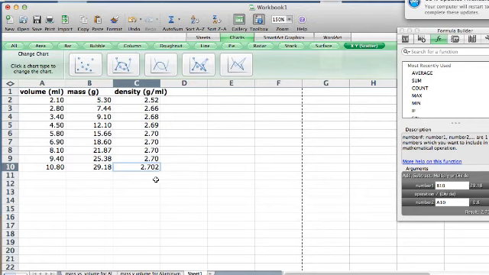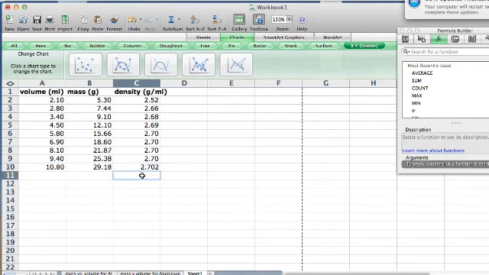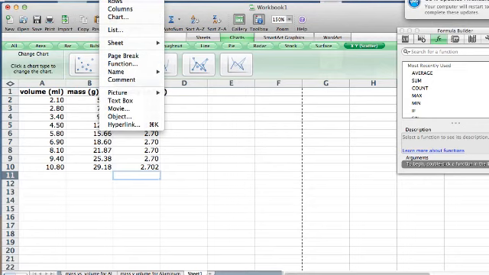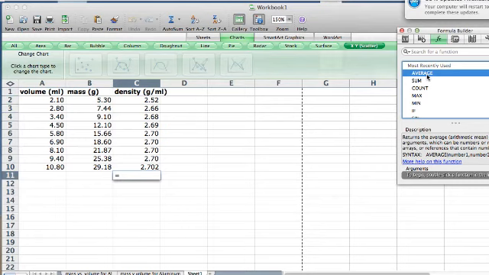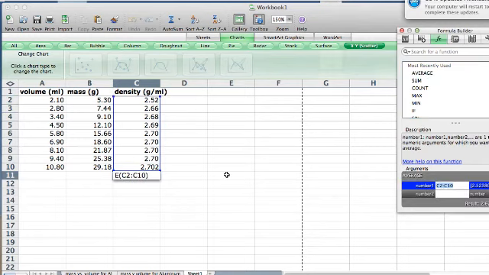I could calculate an average density if I click down here. Let's say I want to put my average value right here. Again, I could insert a function. Okay, and over here I could choose average. And if I hit return, that equation will automatically come up here in my function box.